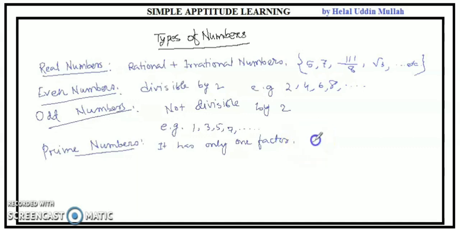For example, 2, 3, 5, 7, 11: all these numbers can be divided only by 1 or by the number itself. And we can see that the smallest prime number is 2.